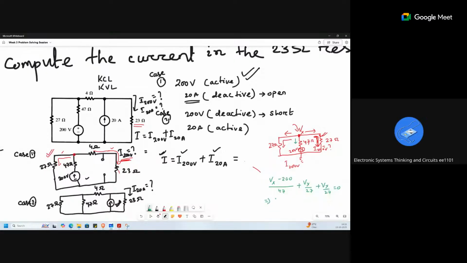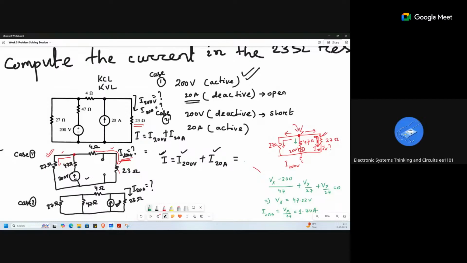So from this, how much Vx are you getting? The Vx value is 47.22 volt. Then you get the current as Vx over 27, right? Yes, ma'am, that is giving you 1.74 ampere.